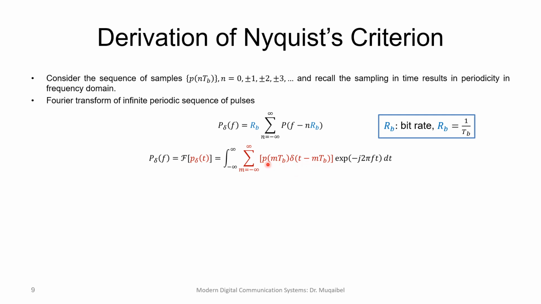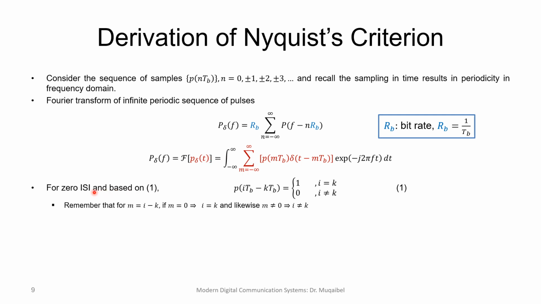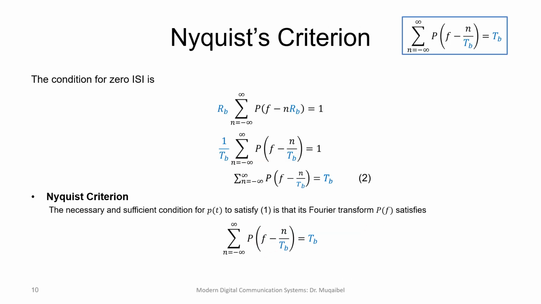This is a sampling of the original pulse, which should equal the spectrum here. So the red one is in the time domain. If you want to get 0 ISI, then as we mentioned, this summation should equal 1 if they are equal and 0 otherwise. So basically this summation reduces to one single pulse at the time of interest, and we got just one delta multiplied by an exponential, and that's the Fourier transform, which should equal 1.